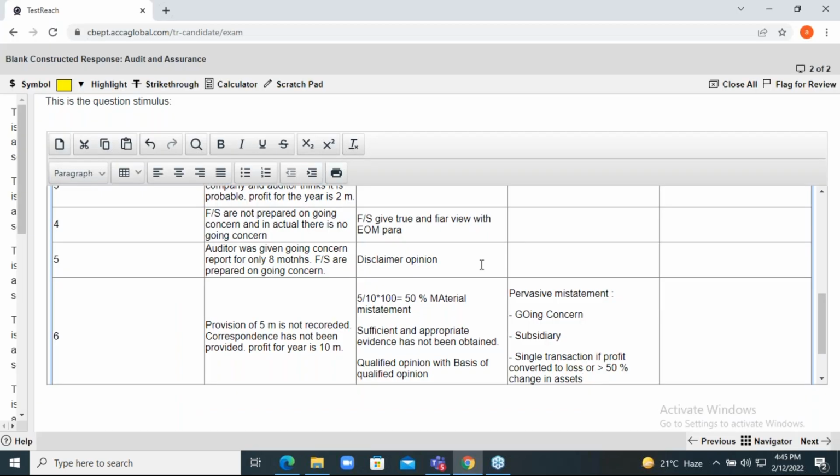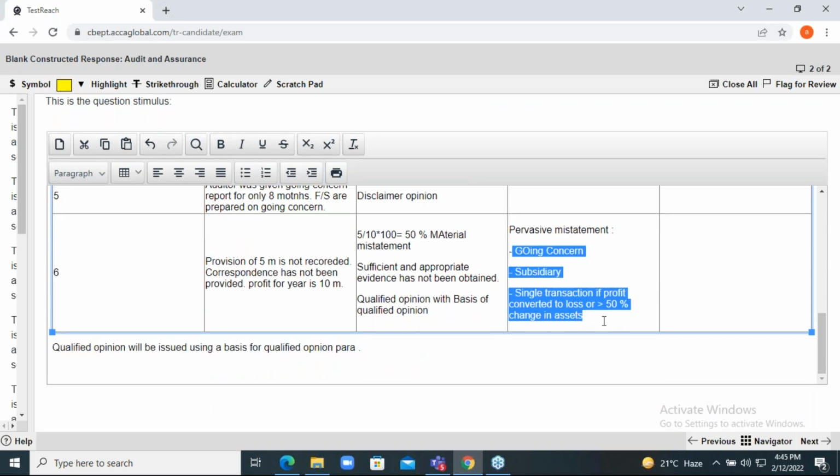In the table, you can see these three elements: going concern issue, subsidiary, and any single transaction. So these three are the examples of pervasive, and all other misstatements will be considered as qualified.